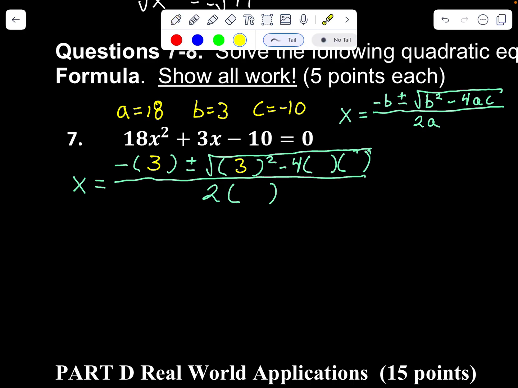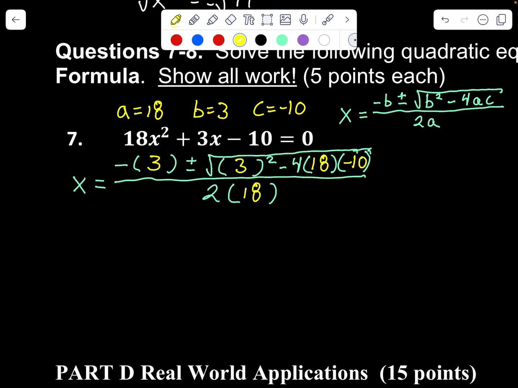And then I see I've got an A there in the denominator, and it's 4AC, so A's go there. A was what? 18, so I'll plug in 18 in these two sets of parentheses. And then finally, we have this C that we just use in one spot at the end of our radicand, and the C was a negative 10. And it goes in that last set of parentheses.